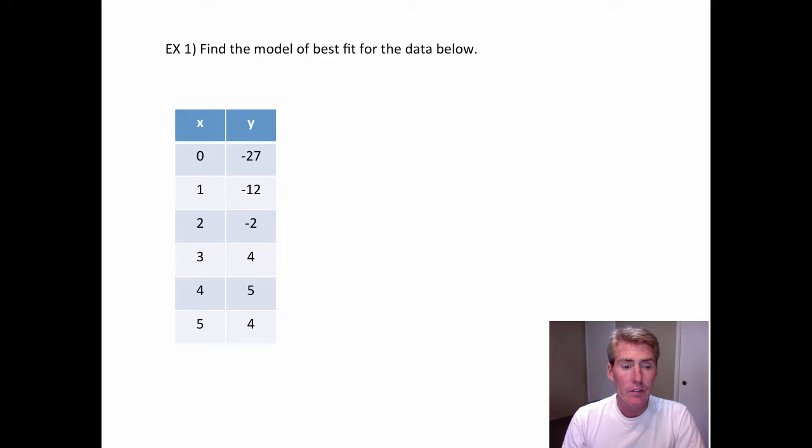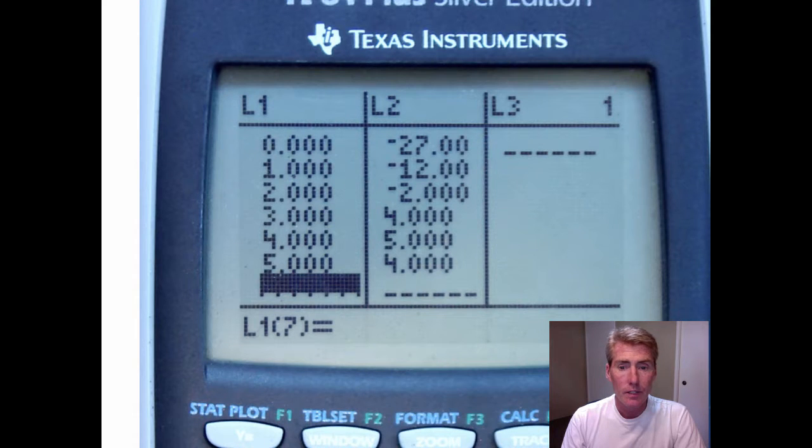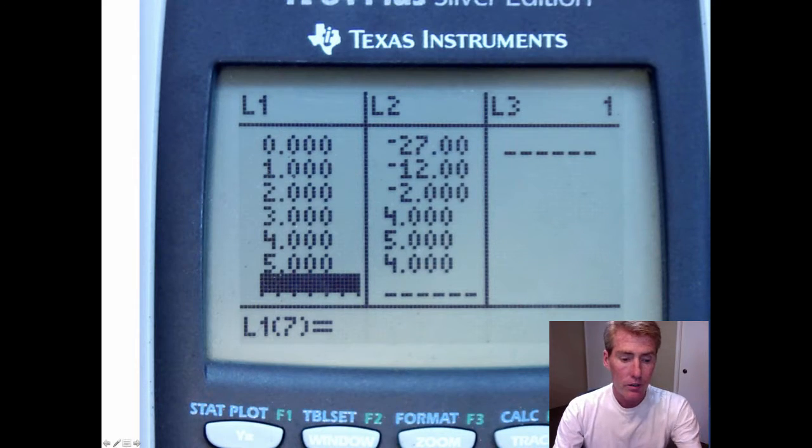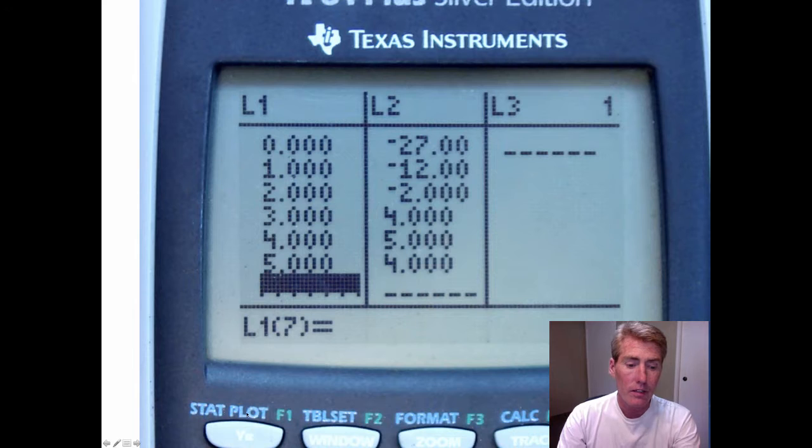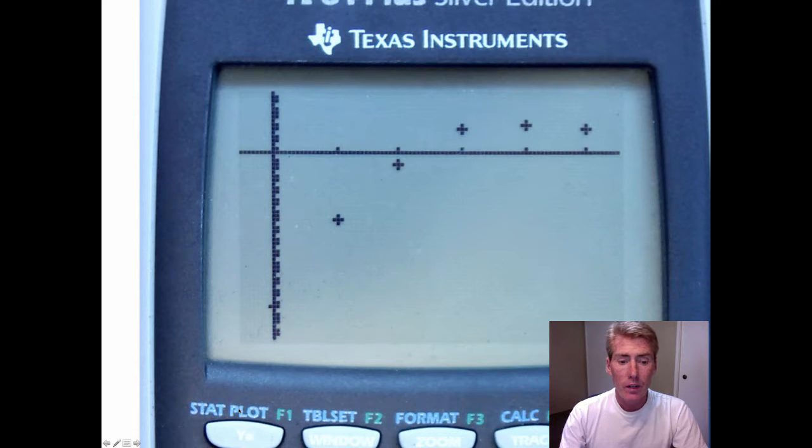So here is an example. We put the x's in list 1, the y's in list 2. Ta-da, that was quick. And then what I would do is go right here to stat plot and set up the scatter plot. And if you take a look at this, there's one plus sign right here, so one data point. Then it goes up, and then it starts to come back down.